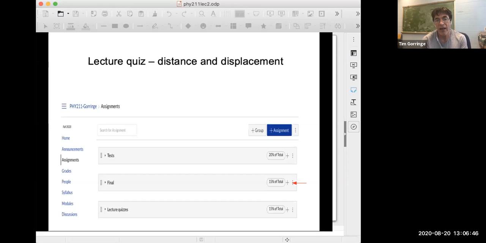However, that's not 0 distance. The distance is the mile that I would have had to walk to Starbucks, plus the mile back. It would have been a 2 mile distance, but a 0 displacement.